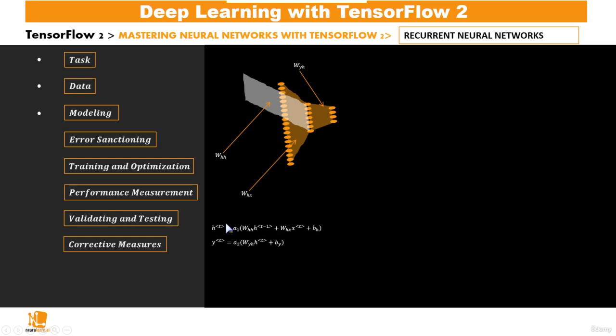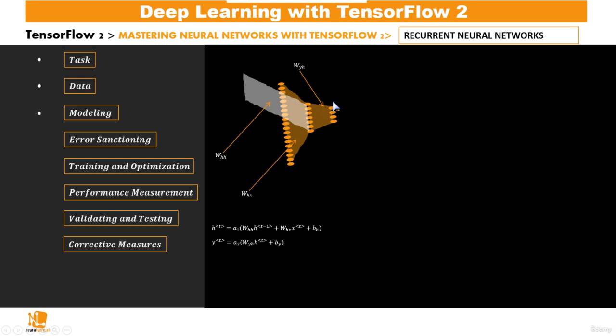So at time t, that's HT, we have WHH times HT minus 1 plus WHX times XT. So we have this input X times WHX, which gives us this value, plus WHH times HT minus 1, and that's what gives us this H.